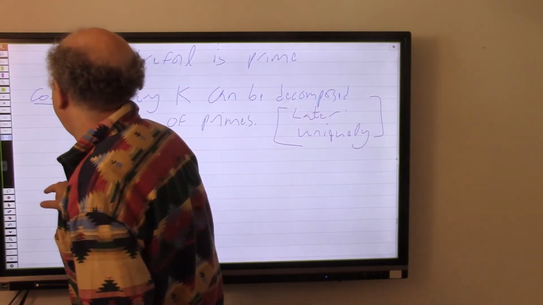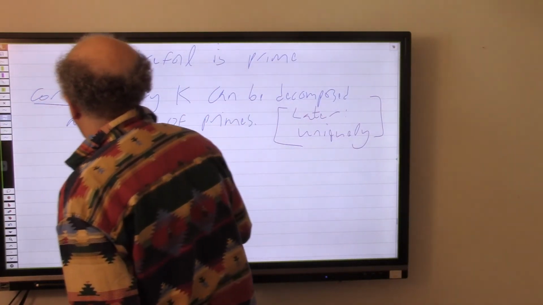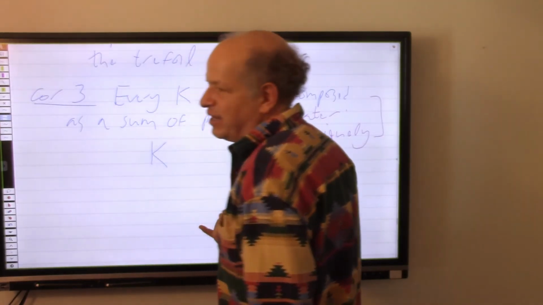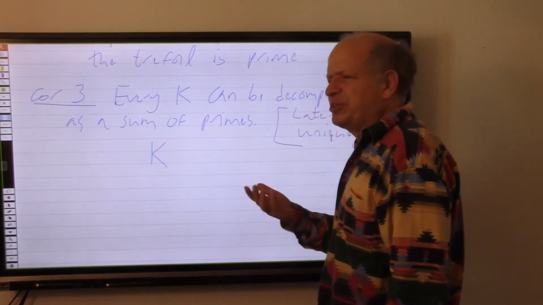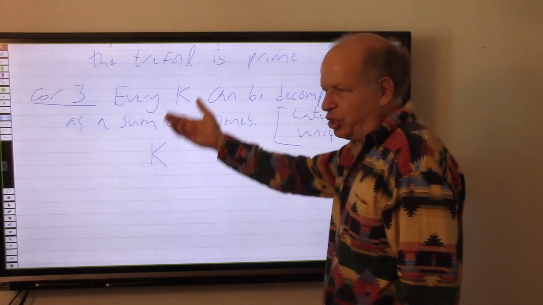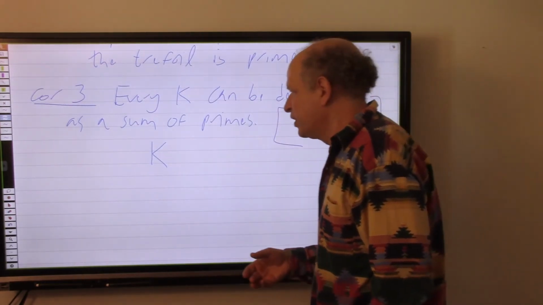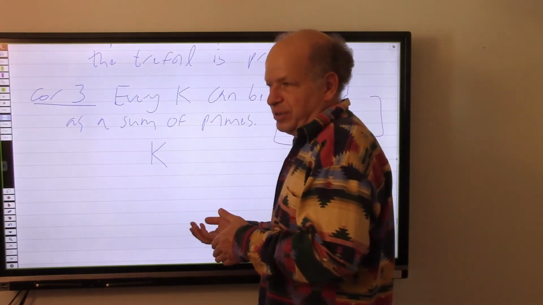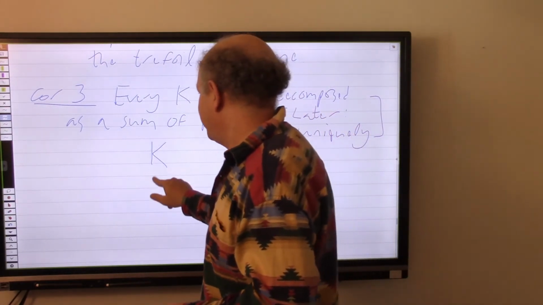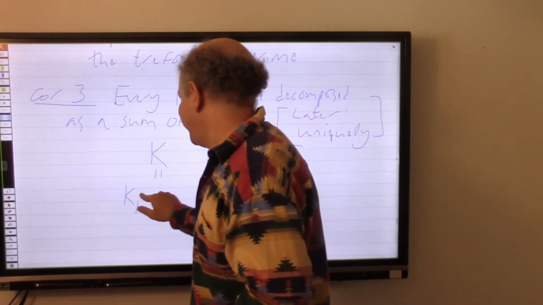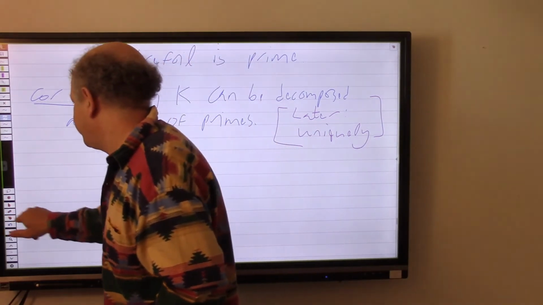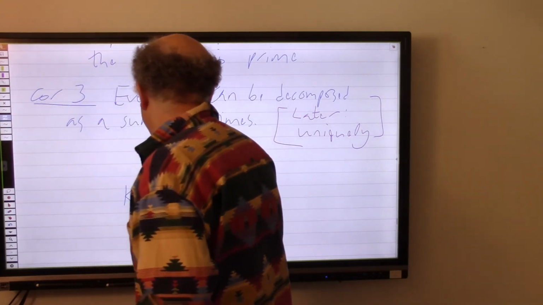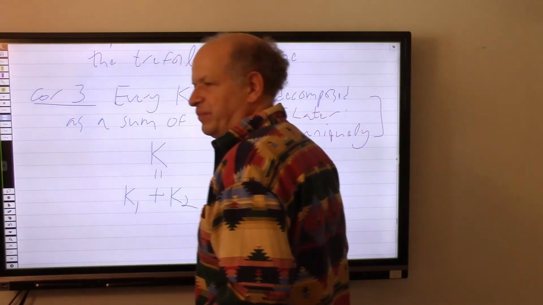So basically, the proof is really easy. The proof is by induction on the genus, but I'll show it informally. Suppose you have K. If it is prime, stop. If it is not prime, it means that you can write it as K1 plus K2.